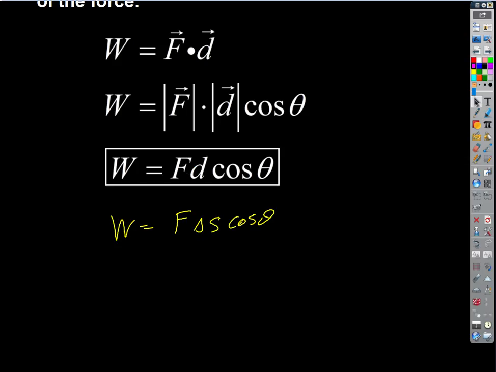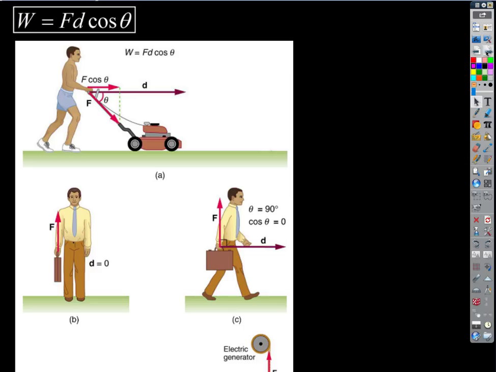So let's try some examples of some situations, some that involve work and some that don't, right? From the OpenStax book, this guy is mowing his lawn. Anyway, he's pushing a lawnmower. And so tell me now, is work being done as he pushes the lawnmower?